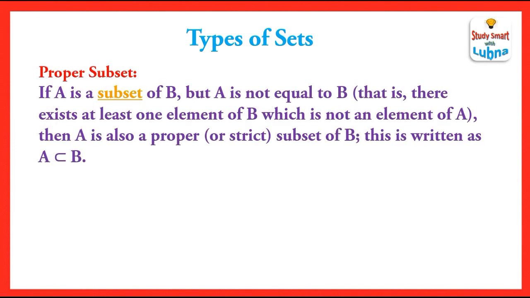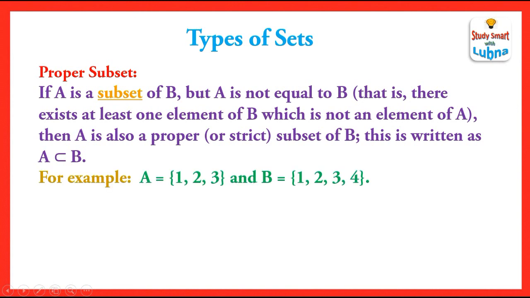Proper subset. If A is a subset of B but A is not equal to B, that is, there exists at least one element of B which is not an element of A, then A is a proper or strict subset of B. This is written as this: A is a proper subset of B. For example, we have set A containing 3 elements 1, 2, 3 and set B having 4 elements 1, 2, 3, 4.